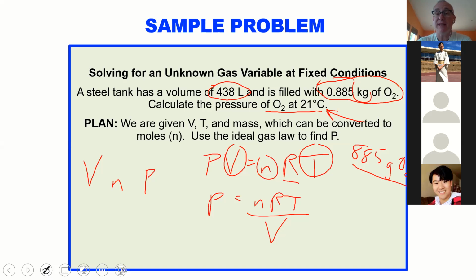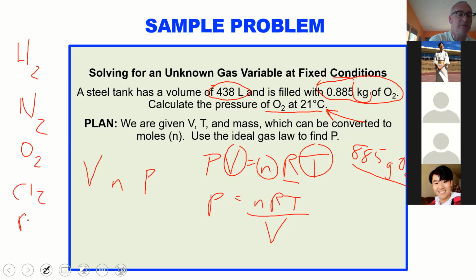And remember, when we're dealing with gases, pretty much, except for the noble gases, all the gases we're going to be dealing with are diatomic, right? Because we've got H2, N2, O2, Cl2, Br2.